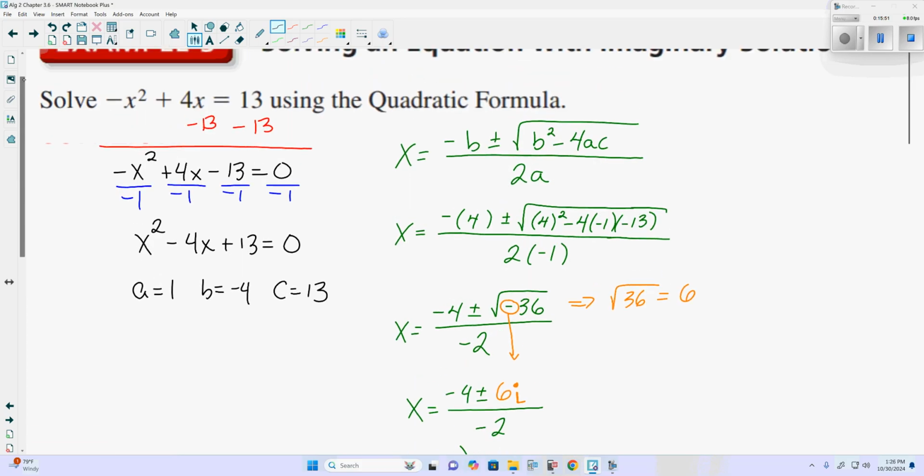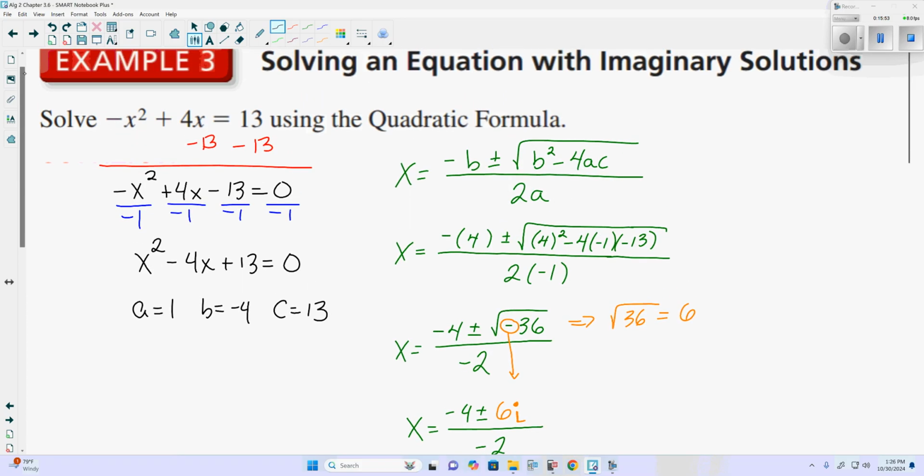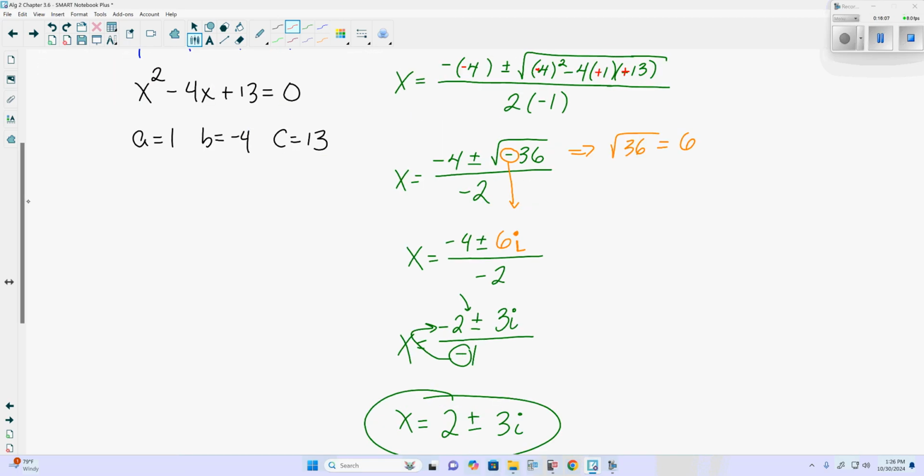Okay. Now in our formula, let's see here, let's use red. Let's change that to negative 4. This is now positive 1. This is now positive 13. Let's see if that changes anything. Well, the negative 4 is now positive 4.